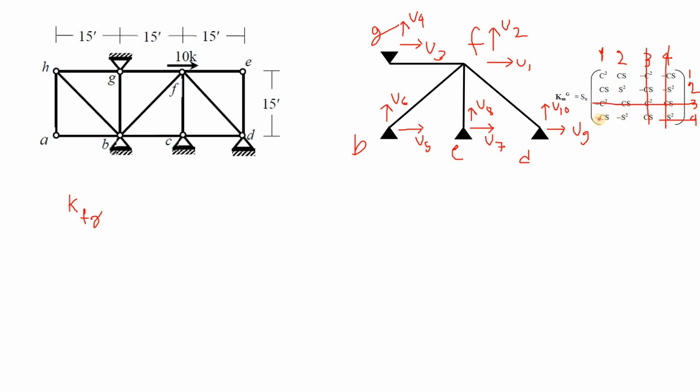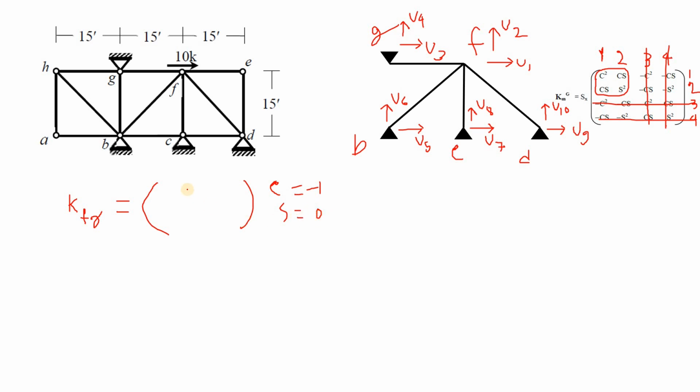If we cut off 3 and 4, we're just left with this portion. So we can just work with the U1 and U2 values. If we take the bearing angle, this is 180 degrees. So at 180 degrees, C is -1 and S is 0.